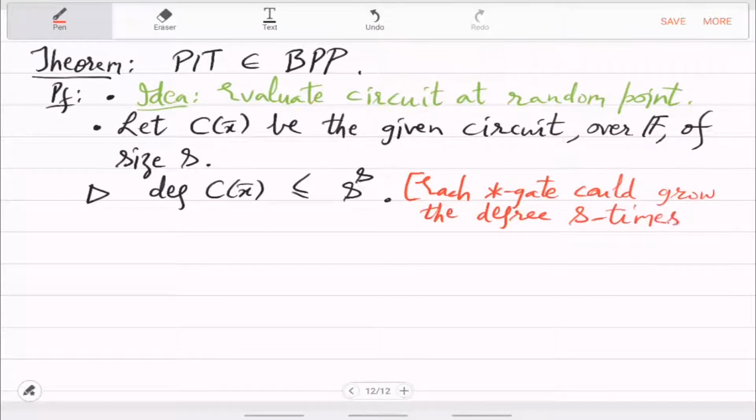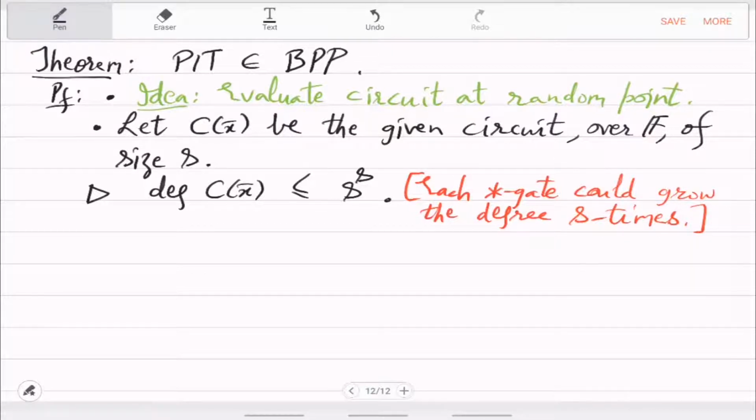That's the reason. So you know an upper bound. It's actually a pretty large upper bound. It's exponentially large. So if C was a univariate polynomial, there could be s to the s roots. There cannot be more than s to the s roots, but there can be s to the s roots. So you have to come up with an argument for how you can avoid these possible roots.